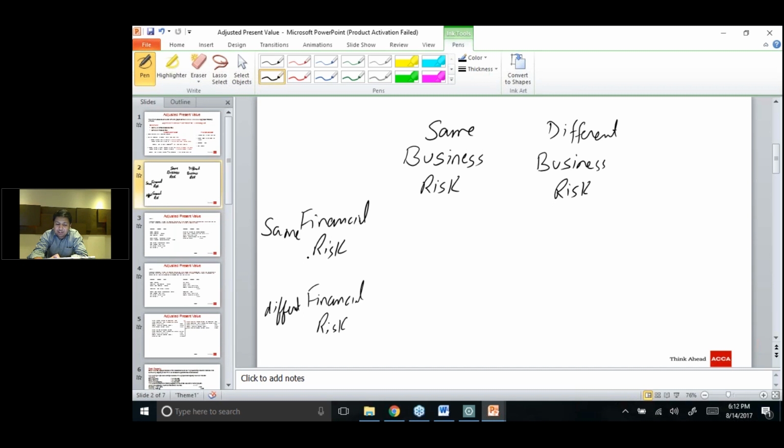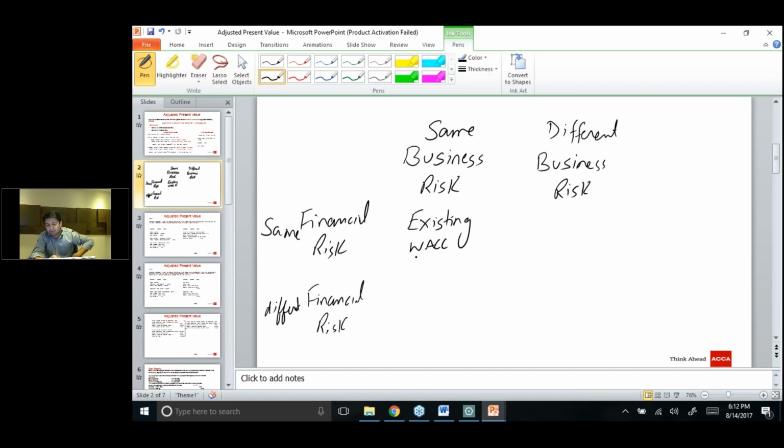So if the new project has the same business risk and the same financial risk, then you will discount all the data of that project with the existing WACC.